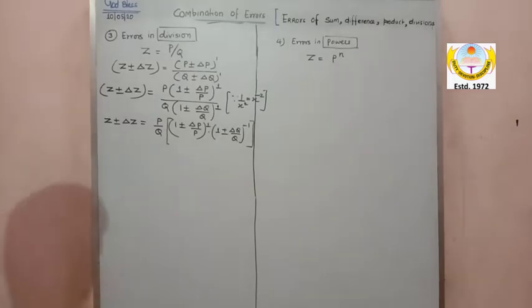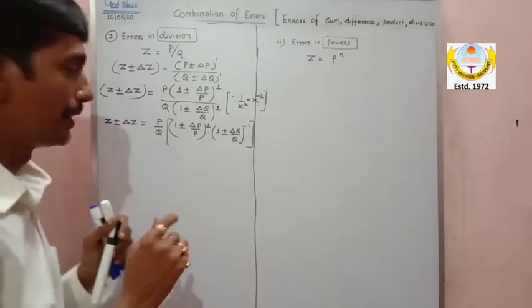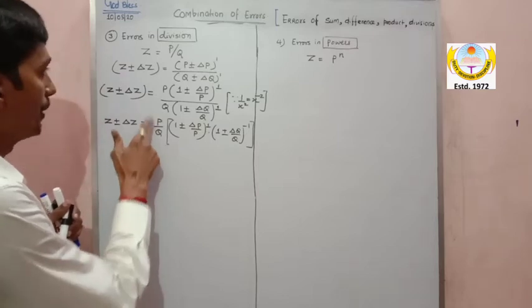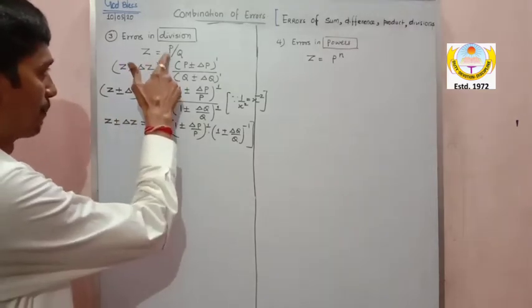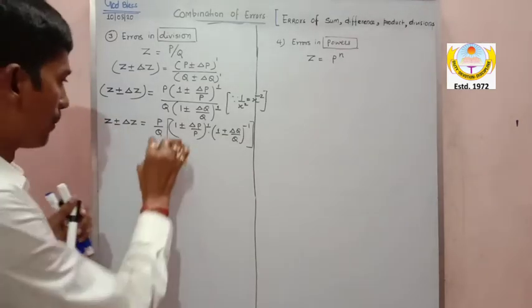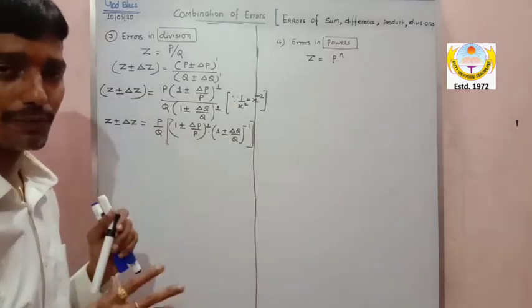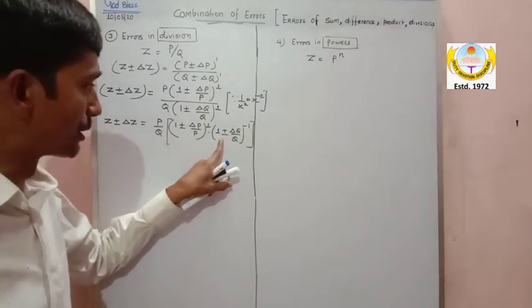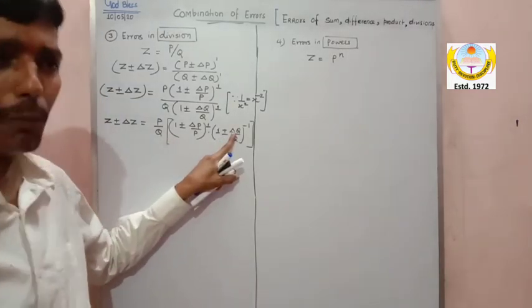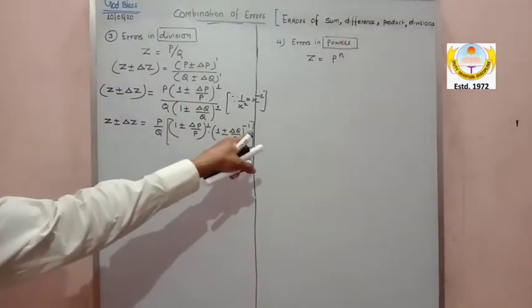Now, here there is one concept. P by q, you can see in the question itself, P by q is z, so we can put z here, no issue. But here it is 1 plus minus delta Q by Q whole power minus 1.